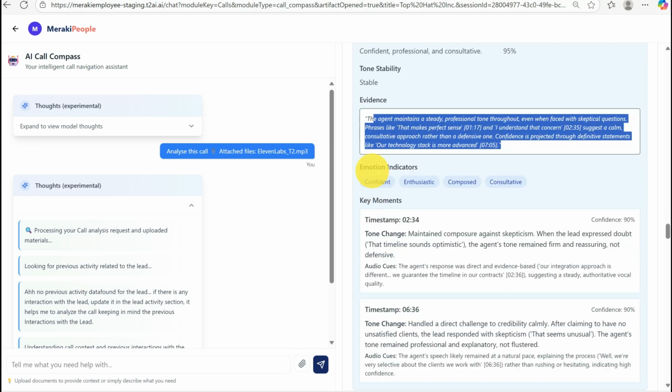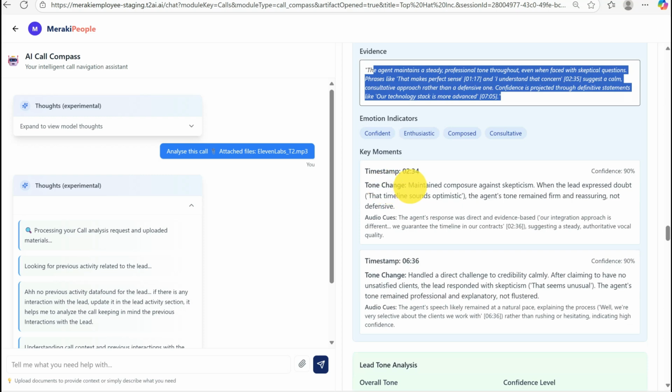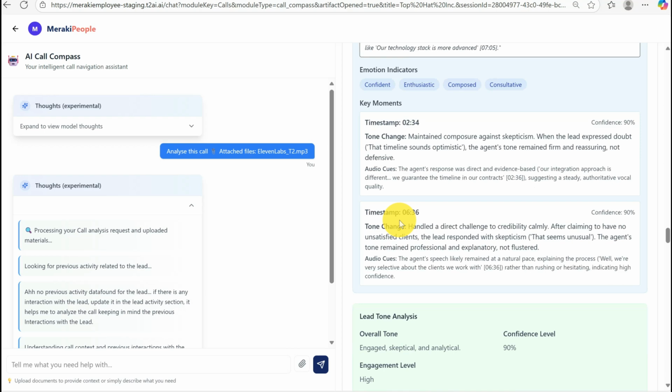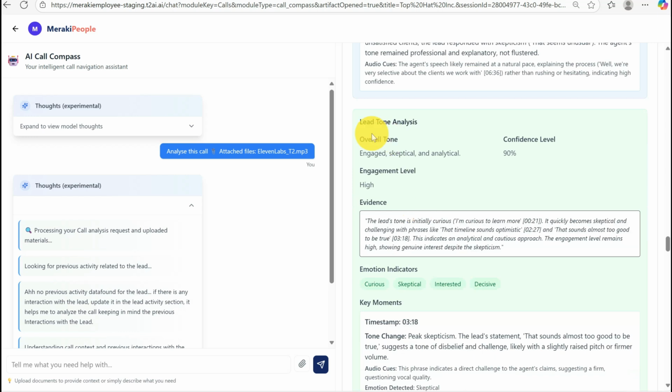If there are any emotion indicators, whether they are confident, enthusiastic, what are the key moments? So in the timestamp itself, we have mentioned whether the tone has changed at any time, or whether there is some kind of audio cue. So with timestamps, the evidence has been presented.